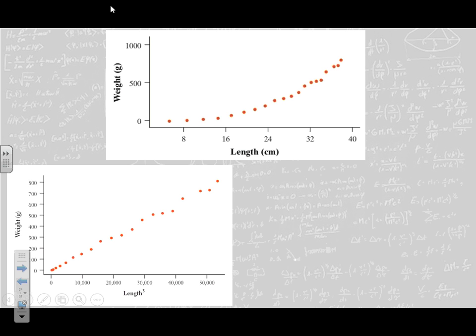Okay. Now, what that means is if I wanted to create a regression model for this linear relationship, now that I cubed my x values, I created a linear relationship. So what we're going to do is go into our linreg function on our calculator. So go to stat, over to calculate.